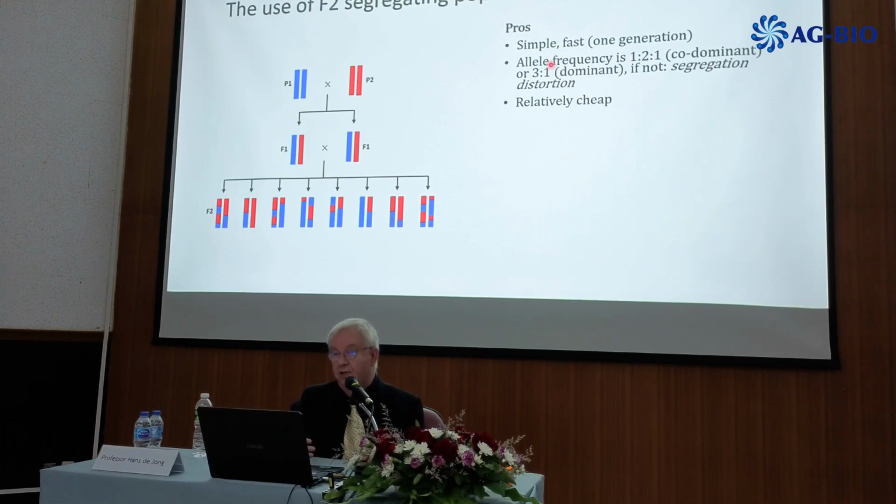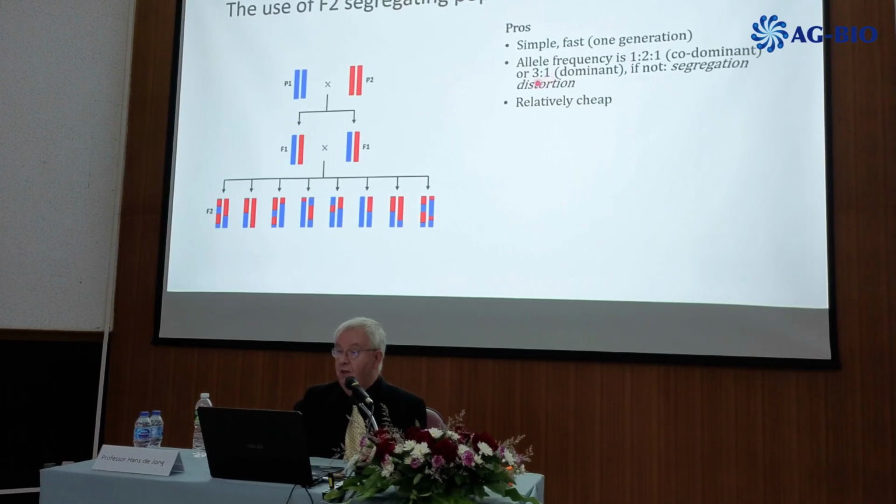Now, what is the attractive thing about an F2 segregating population? It is simple and it is fast, because you have only one generation from this to that. And the allele frequency is 1 to 1, Mendelian, codominant, or it is 3 to 1 if it is dominant. And this information is essential because quite a few markers will have what we call segregation distortion.